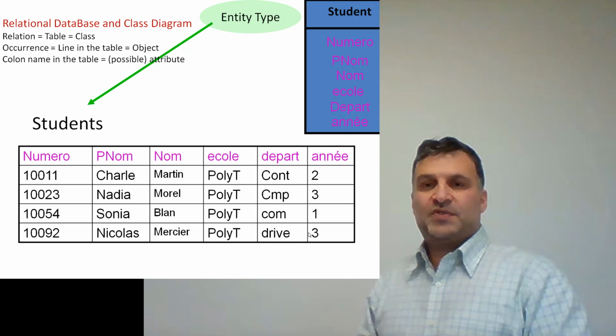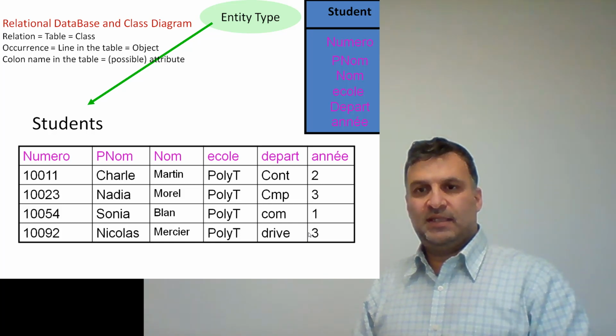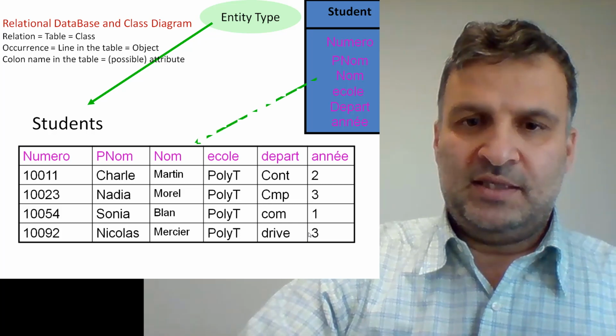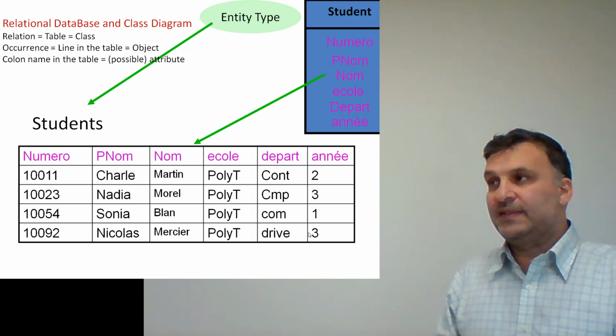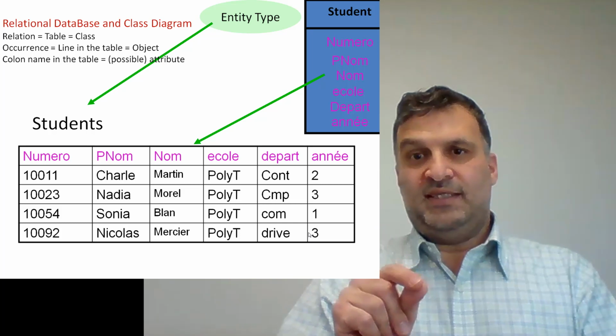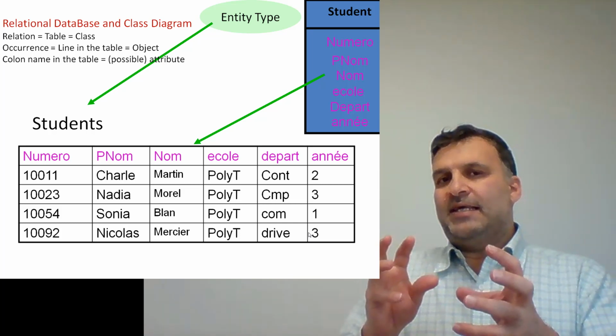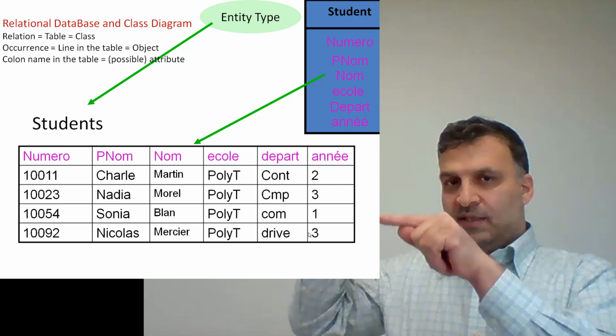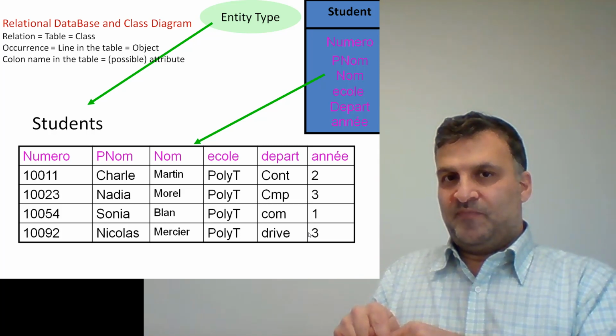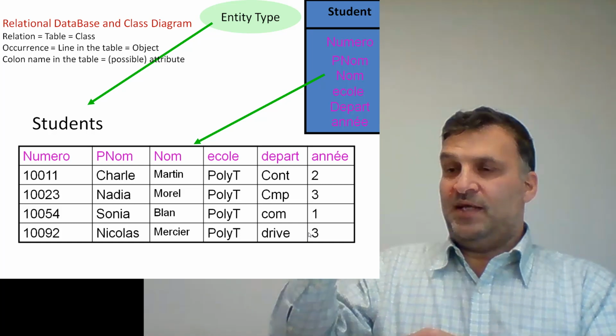Here, the attributes of the student, the attributes are the columns. So we have the columns, we have the attributes. Each attribute is represented by a column. This is a simplification, because if we have only one class, each attribute would be represented as a column.